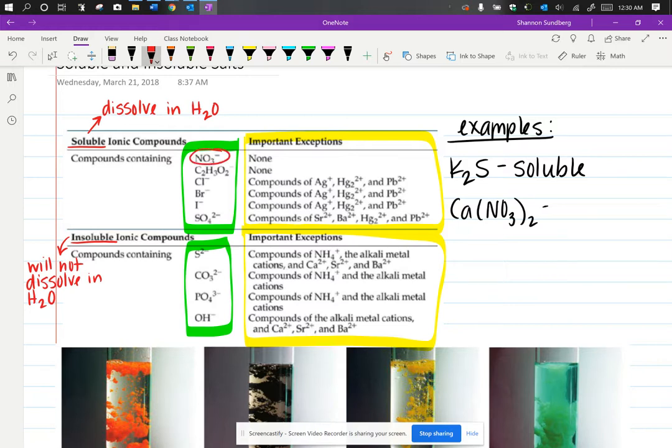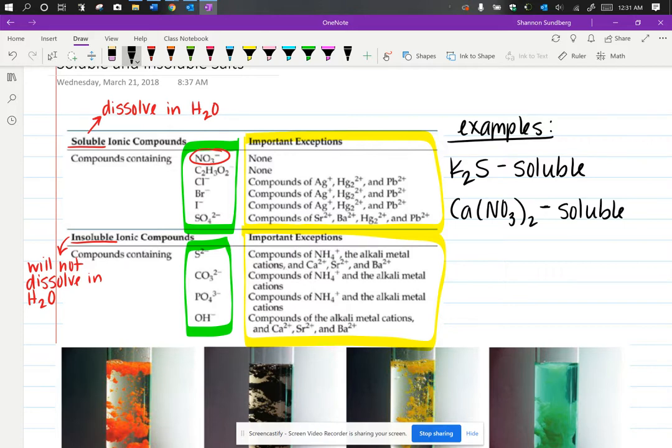So normally, NO3 is soluble. It will dissolve in water. Are there any exceptions to this rule? Nope. So what that means is anybody can be paired up with nitrate and it'll always be soluble. Now, if there was an exception, then it would be insoluble. So it just kind of changes what it does.